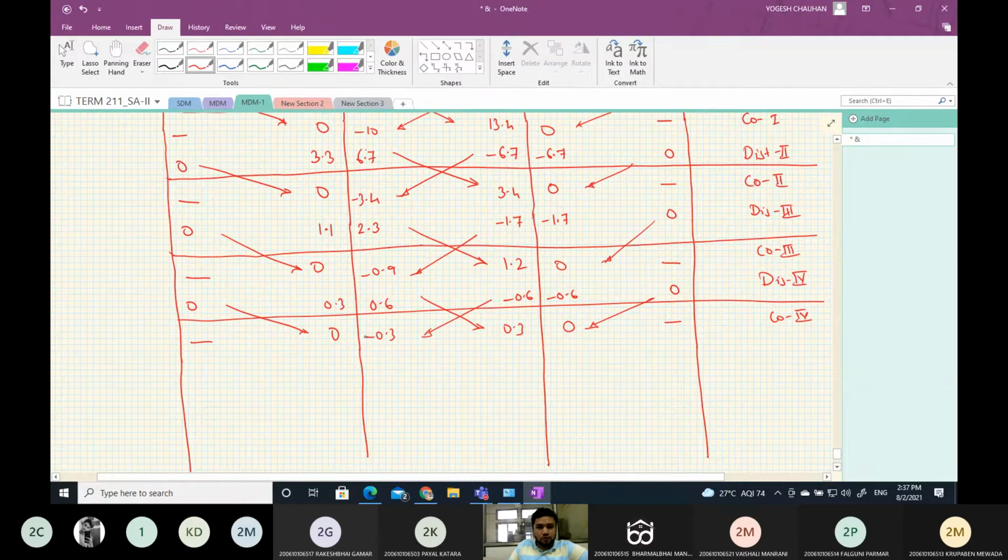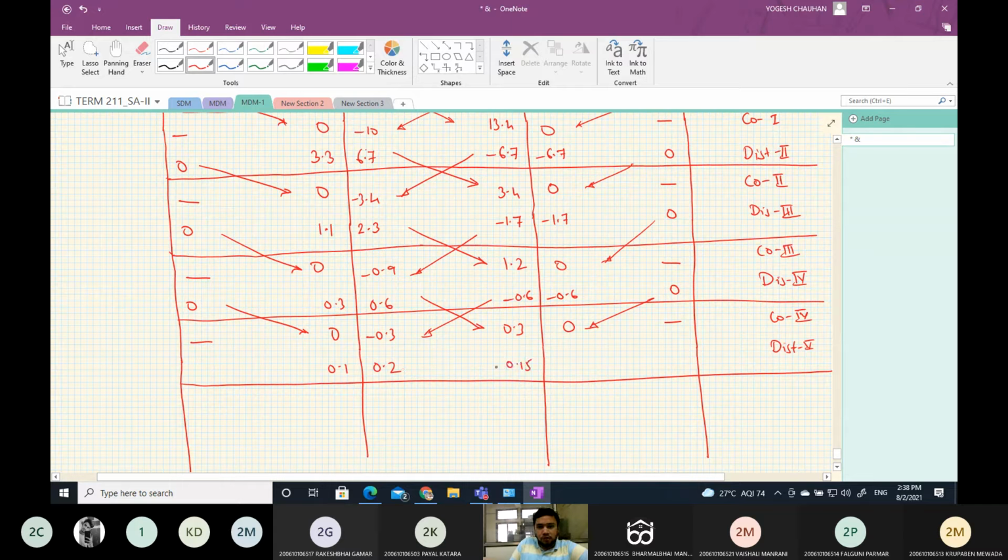Now we have unbalanced moment of 0.3. So let us take one more cycle. So 0.3 into 0.33, it will be 0.1, and this will be 0.2.